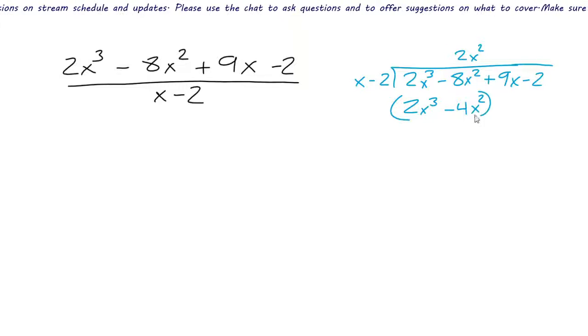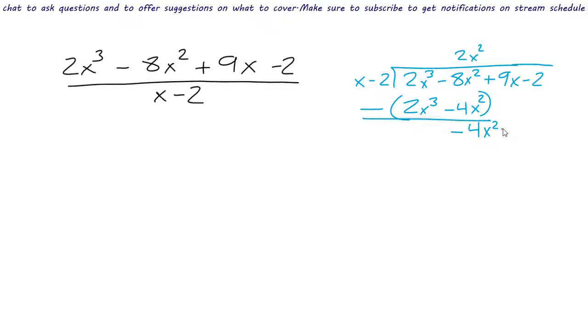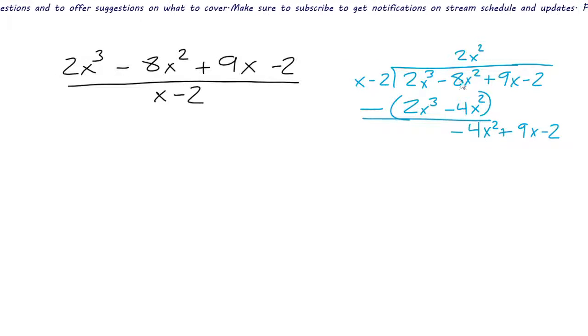We're going to subtract. 2x cubed minus 2x cubed is 0. Negative 8x squared minus negative 4x squared, so negative 8 plus 4 is going to be negative 4x squared. Bring down the rest. What can I multiply x by to get to negative 4x squared?